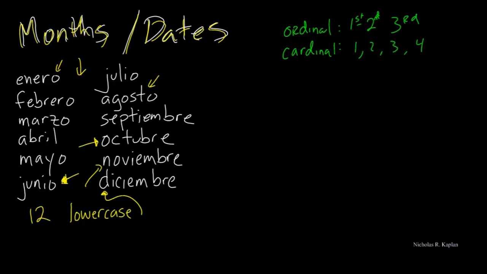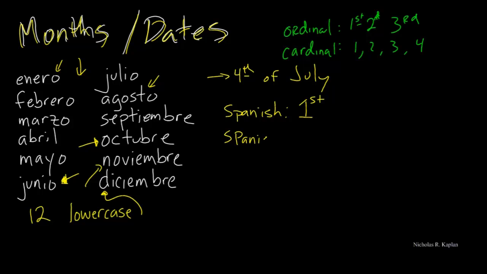So if we wanted to say like 4th of July. In English, we use our ordinal numbers. But in Spanish, when we're referring to dates, we only say first, and then everything else, we're going to use ordinal numbers.